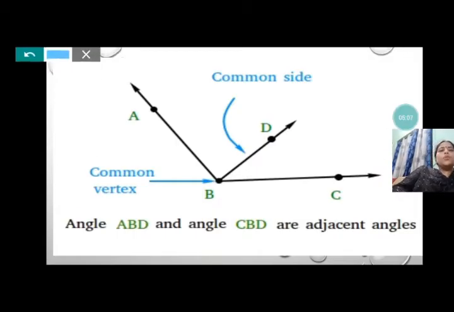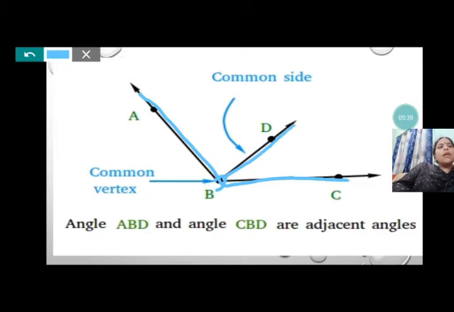So here what do we see? We have A, B, C. They have common vertex B. Their common side or common arm is BD, and the opposite arms are BA and BC. This is angle ABD. Angle ABD and angle CBD are adjacent.